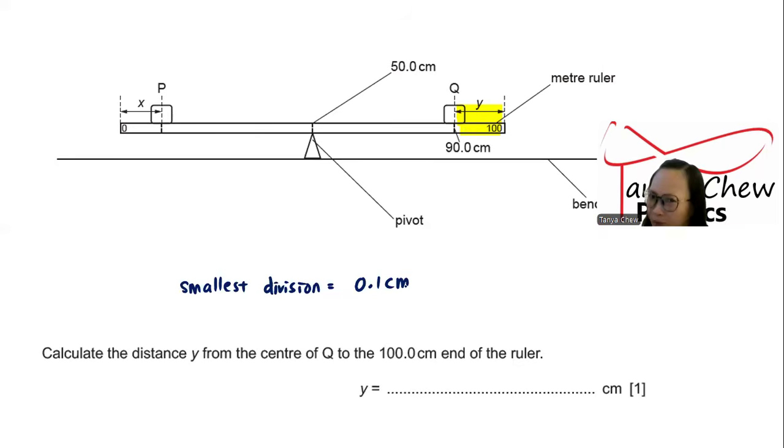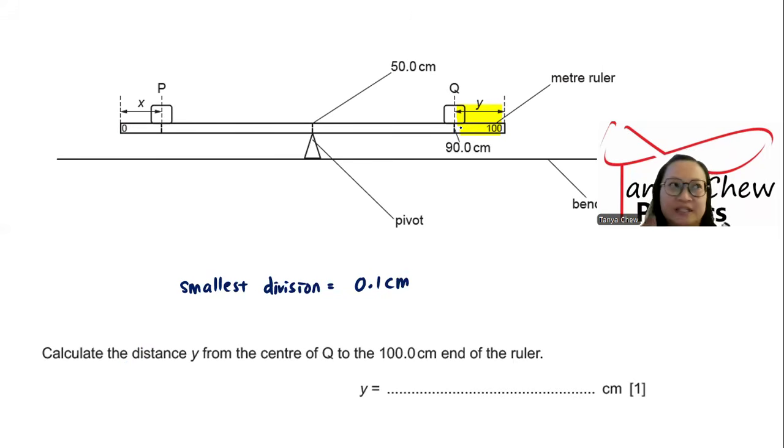Why is this so important? Because before you write down the value of y, look at how you measure the distance y, by using a meter rule that is drawn for you. Even though they say calculate, you measure using the meter ruler that is drawn in the diagram. So for all the readings, we call it raw data.